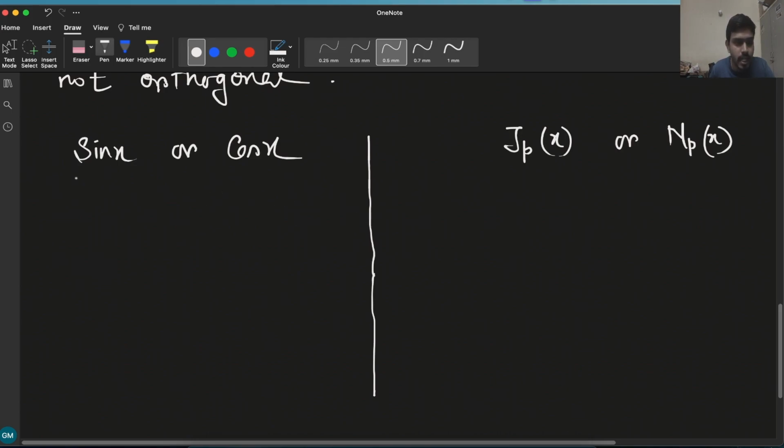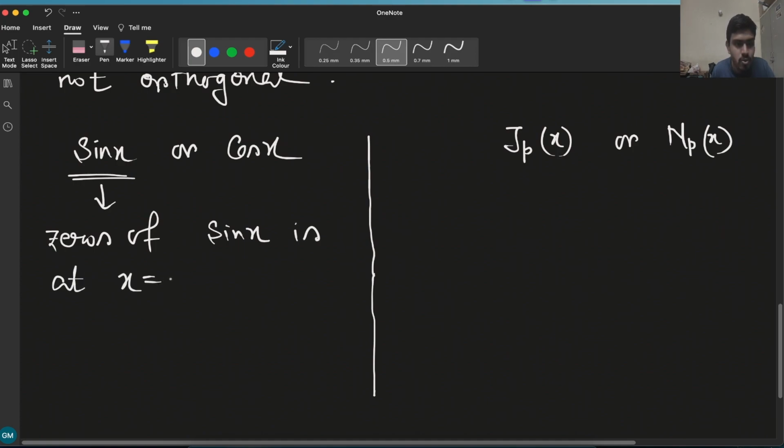In case of sine or cosine functions, for example sine x, the zeros of sine x are at x equals n pi. I think we all know that.